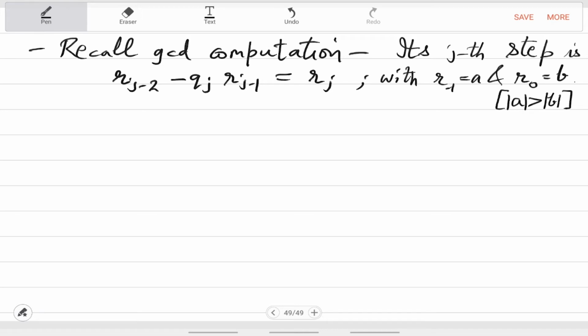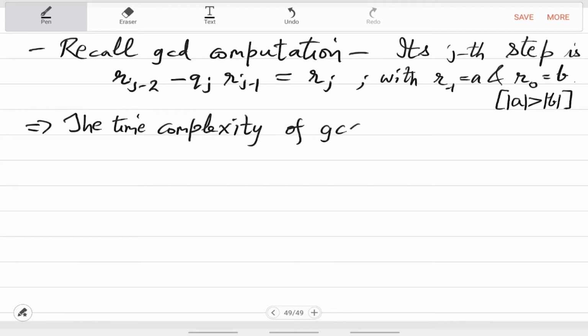So what you will say is the time complexity of GCD is again the sum of basically multiplication. What are you multiplying?